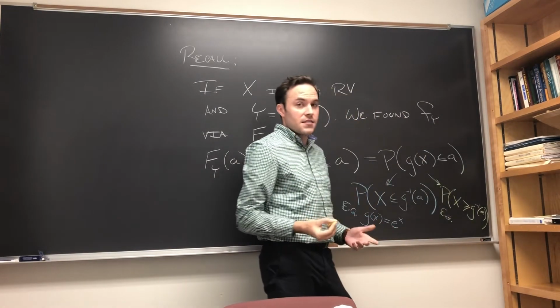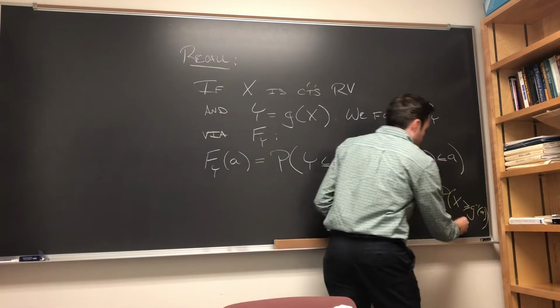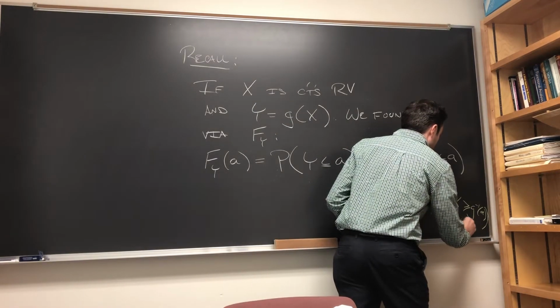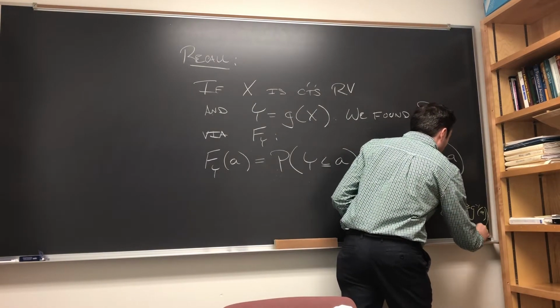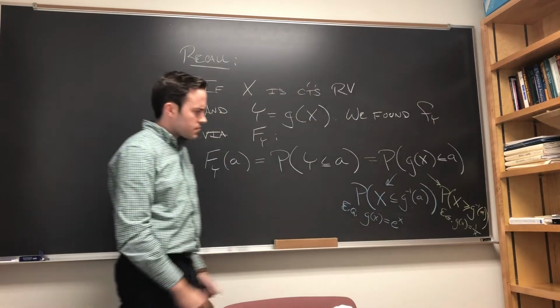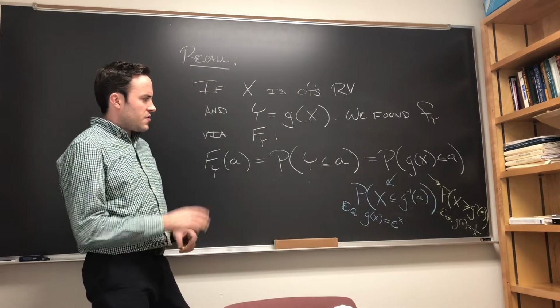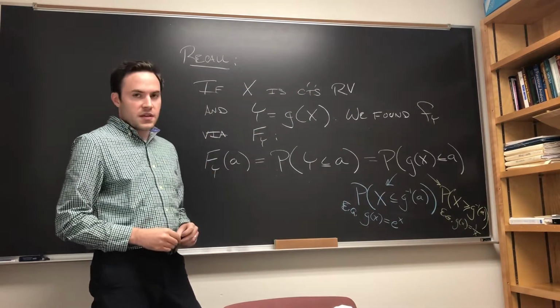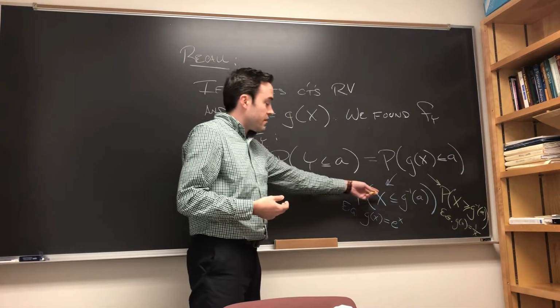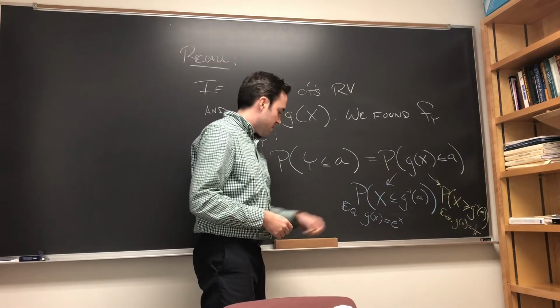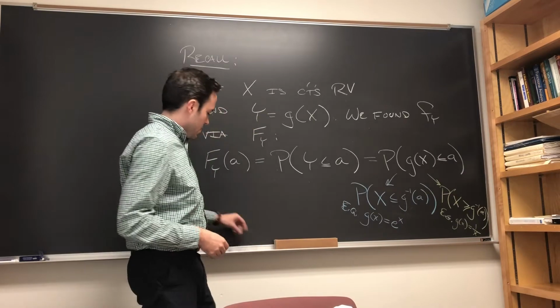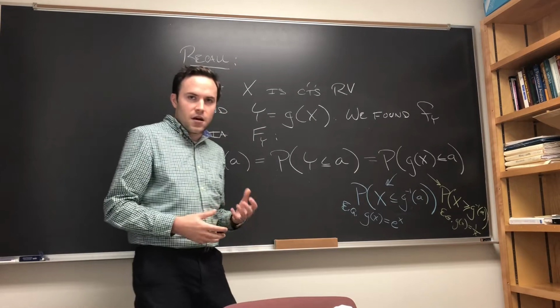The example we saw in class was when g of x was 1 over x. So we've seen examples where both of these things can happen, where the inequality is preserved and where the inequality flips.